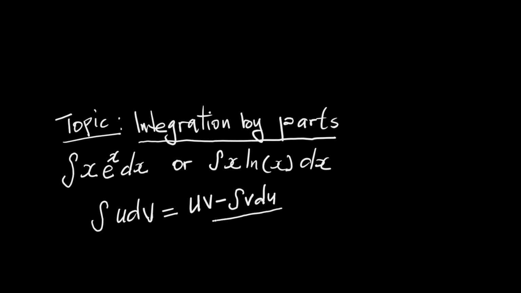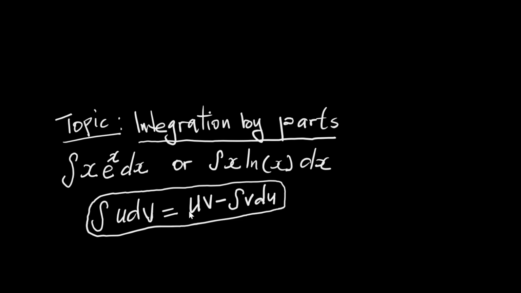We have to use this formula if we want to solve any problem by using integration by parts. Don't forget this. Always remember this formula. Whenever we have two products, if we want to integrate those two products, we have to use integration by parts and use this formula to solve that problem.